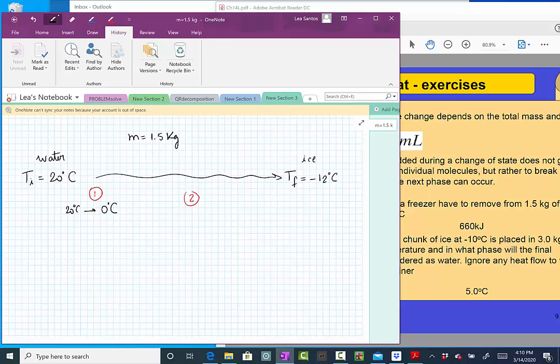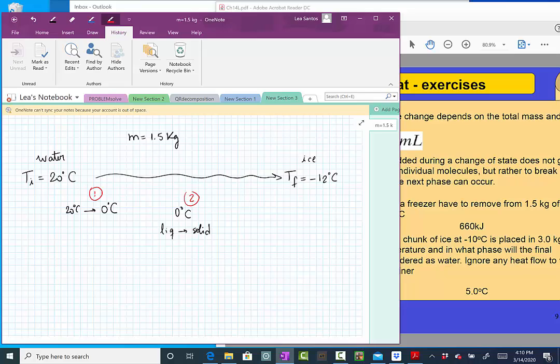Second step, we will keep extracting energy, but now the temperature is not going to change. We will be fixed at 0 Celsius. What is going to be happening here is a phase change from liquid to solid, from liquid water to ice.